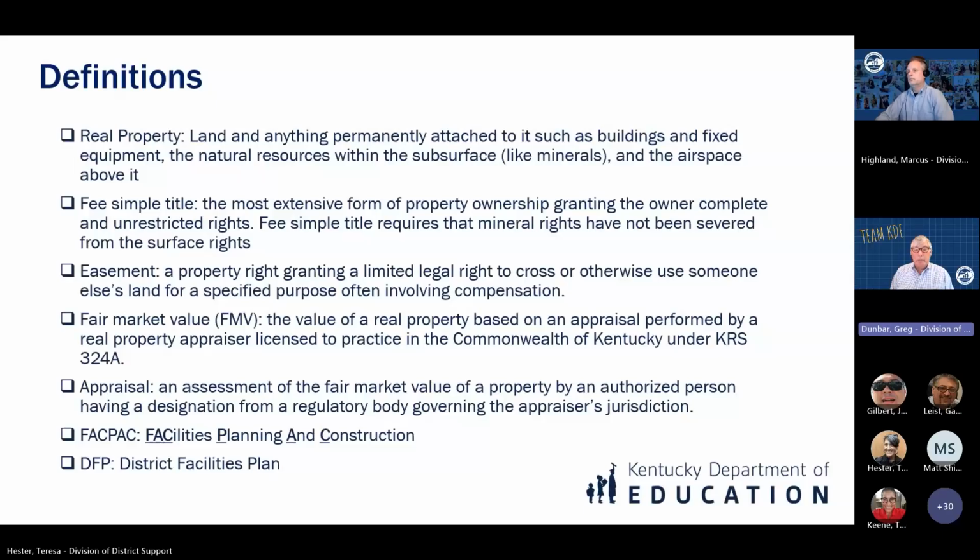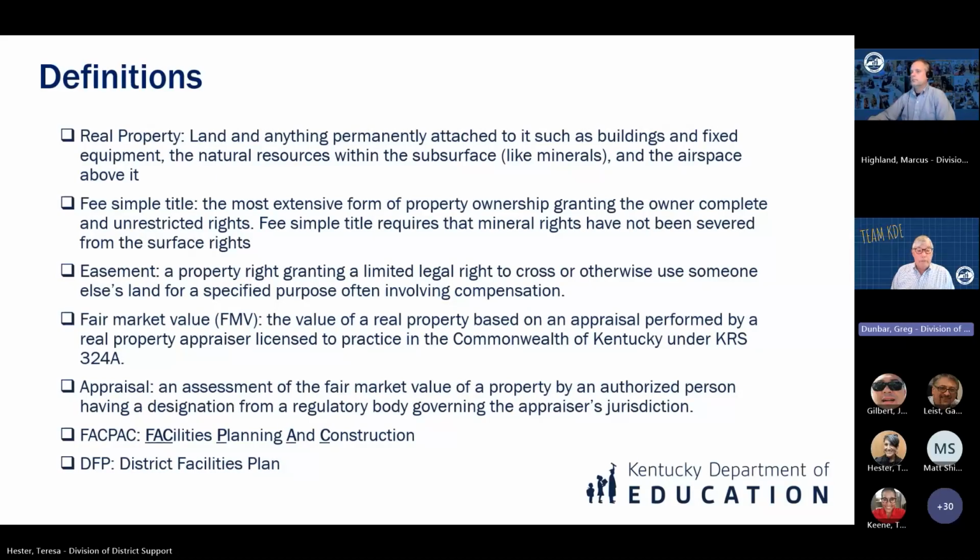It's the value of real property based on an appraisal performed by a real property appraiser licensed to practice in the Commonwealth of Kentucky. Appraisal, an assessment of the fair market value of property by an authorized person having a designation from a regulatory body governing the appraiser's jurisdiction. In this case, it's the Commonwealth of Kentucky under KRS 324A.